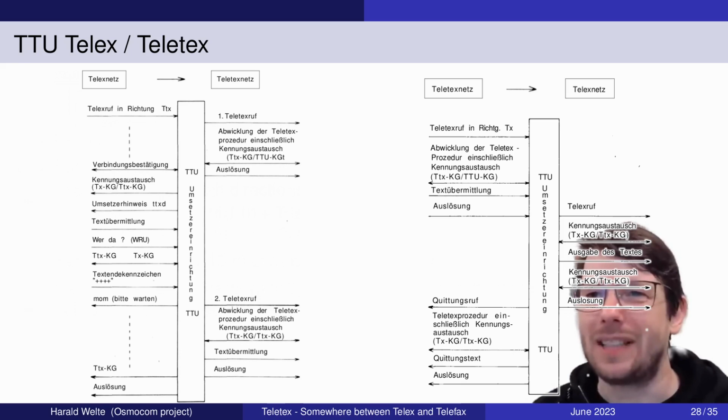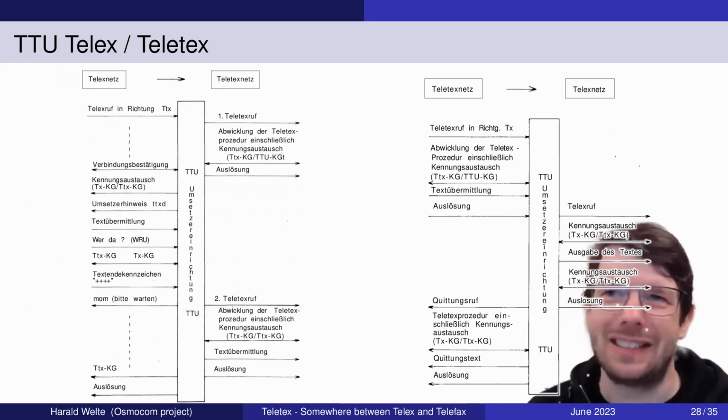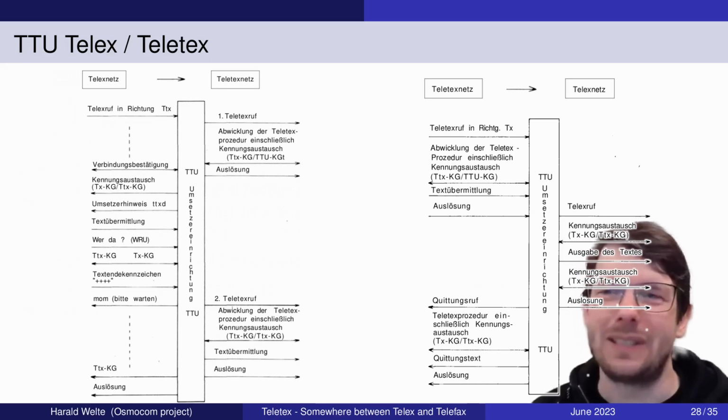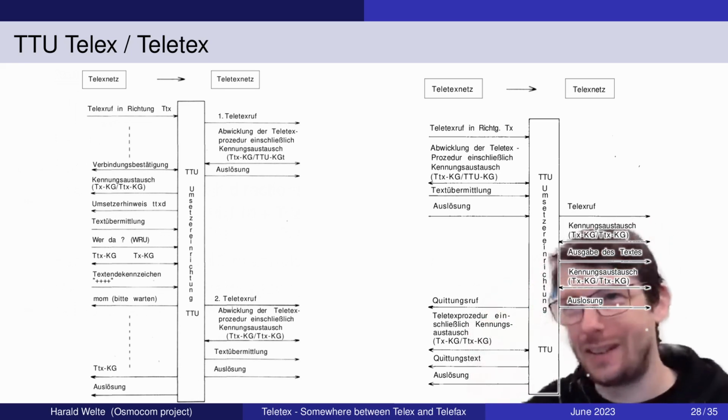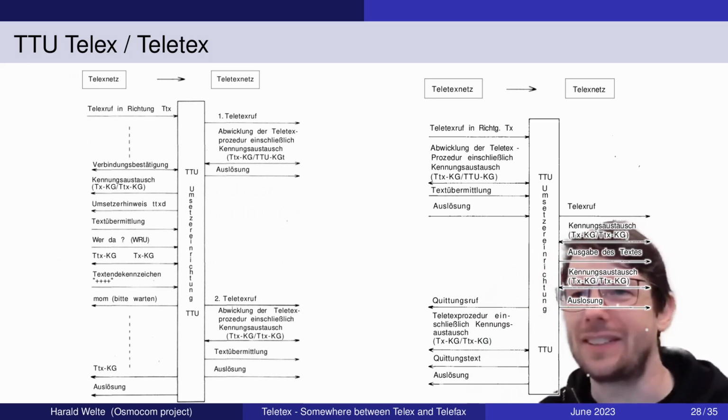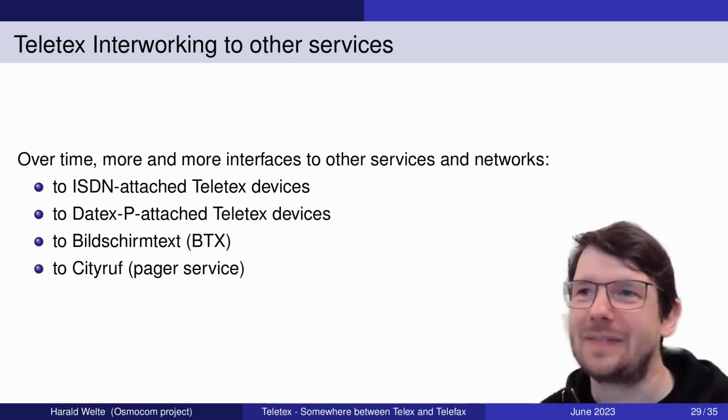At a certain point in time, the TTU device would write a MOM out of the typewriter, the teletype, on the Telex side, so that subscriber would wait for some transaction to complete at the other side. Also, previously there would be a TTXD. So these are basically small mnemonics that would print out on your Telex device that are generated by this translation device in the middle. I guess none of these survived anywhere.